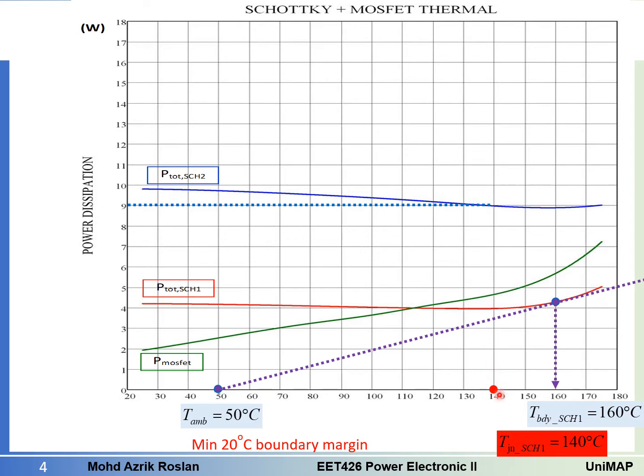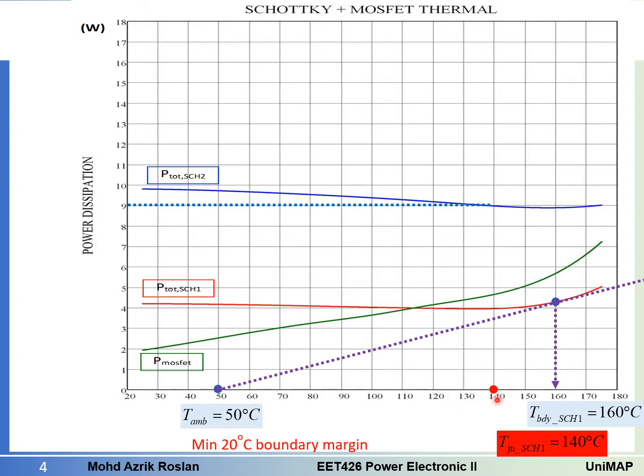This is the 20 degrees C from 160 to 140. This is the maximum temperature that you can set for the junction temperature of Schottky 1. Let's say if you want to select 130, it's also fine, because you have fulfilled the 20 degrees C boundary margin. If you want to select lower than that, it should be fine as well.